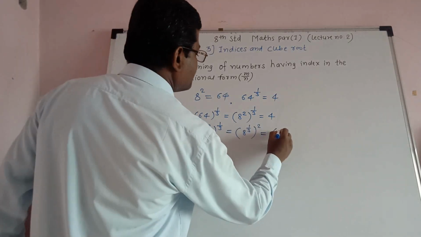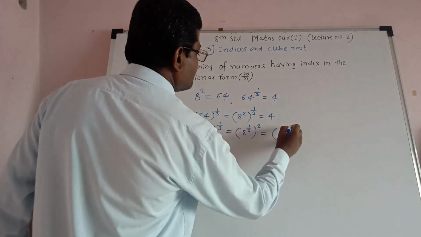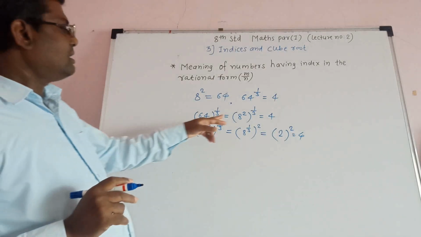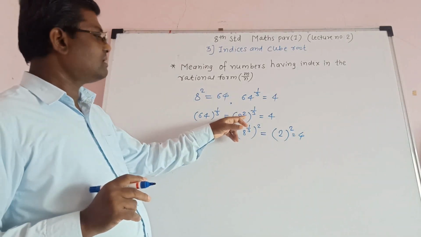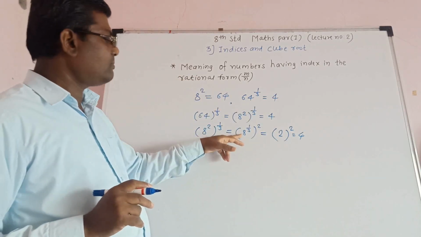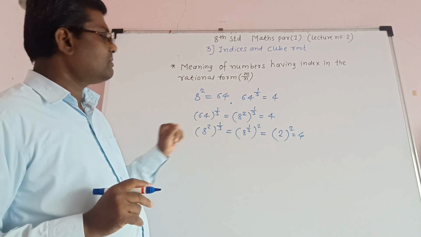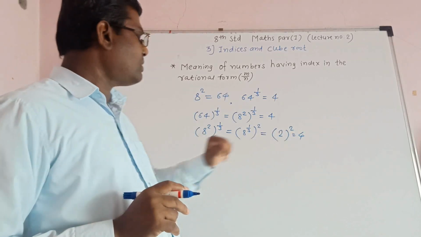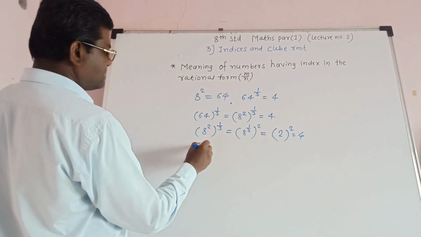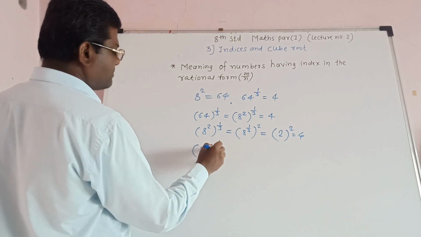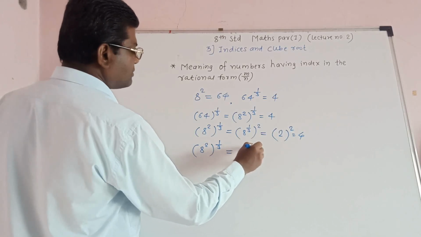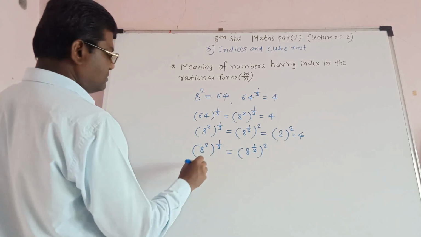Cube root of 8 is 2, and now 2 square is equal to 4. So the value of 8 square raised to 1 upon 3 is equal to 4, and the value of 8 raised to 1 upon 3, bracket square, is also 4. Therefore these two forms, 8 square raised to 1 upon 3 is equal to 8 raised to 1 upon 3 raised to 2.